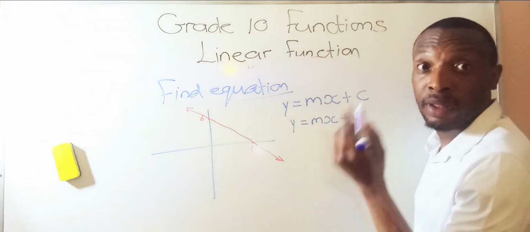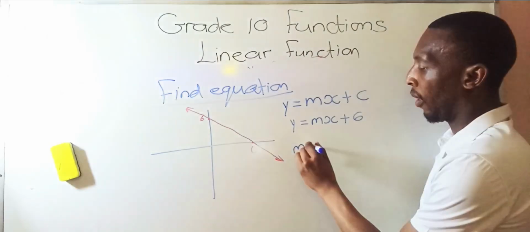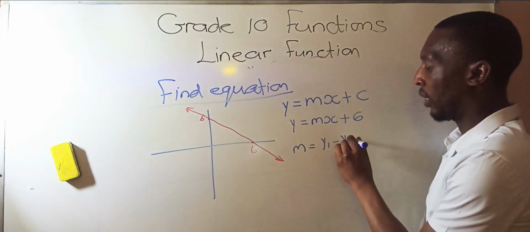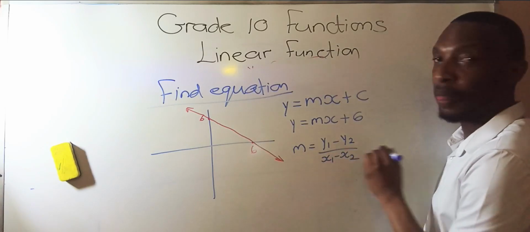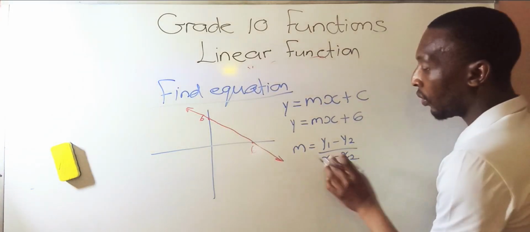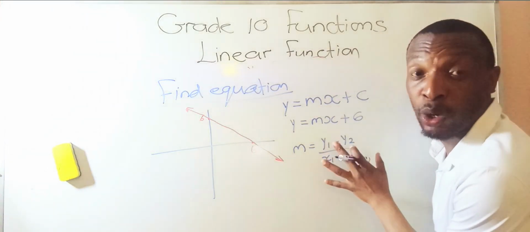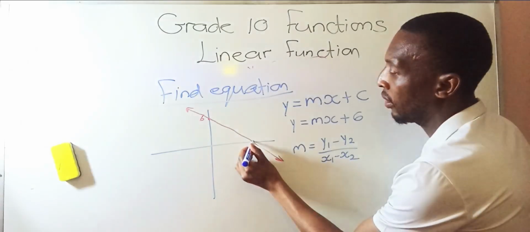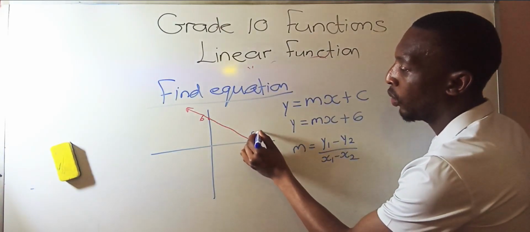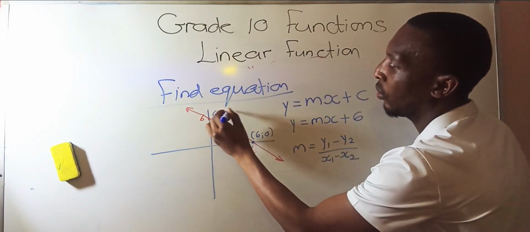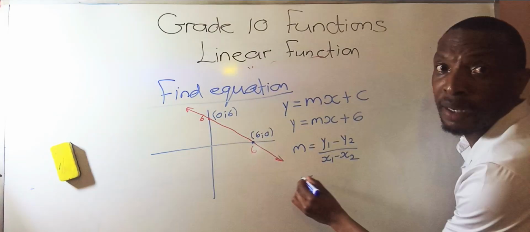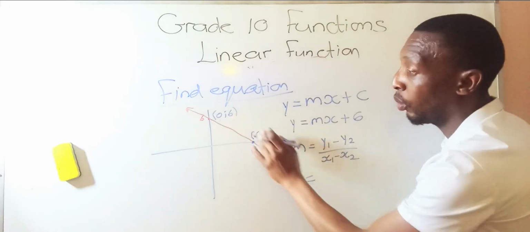We can use the formula y1 minus y2 over x1 minus x2. These are coordinates of points. So what are the coordinates of this point? This is 6, 0. And this one is 0, 6. Let's call this point 1 and point 2.